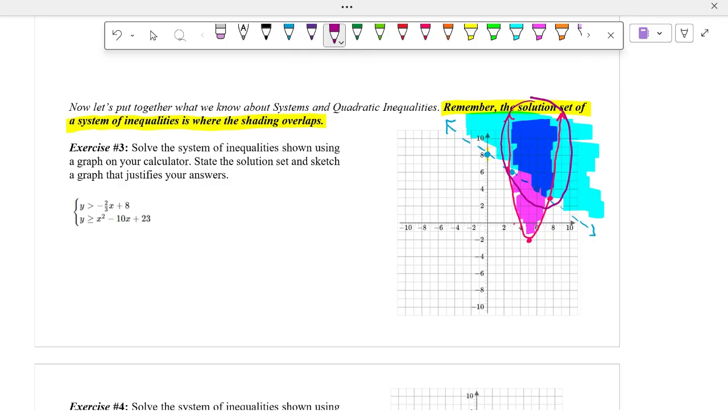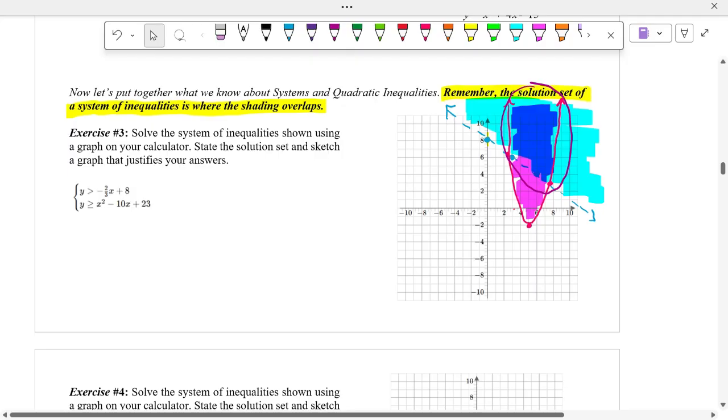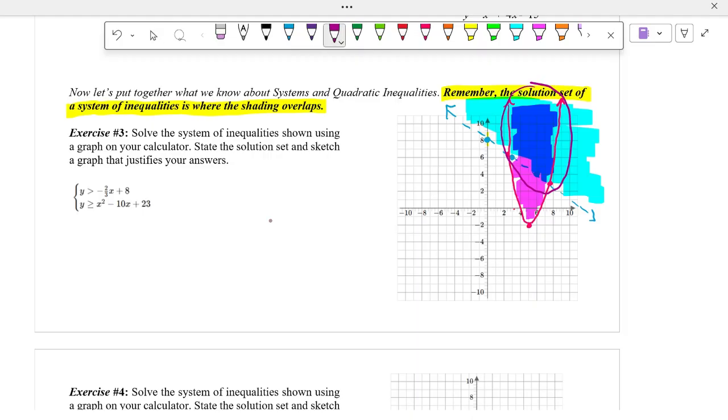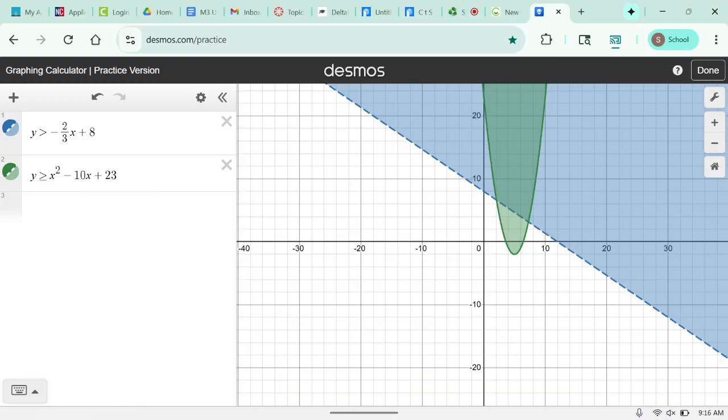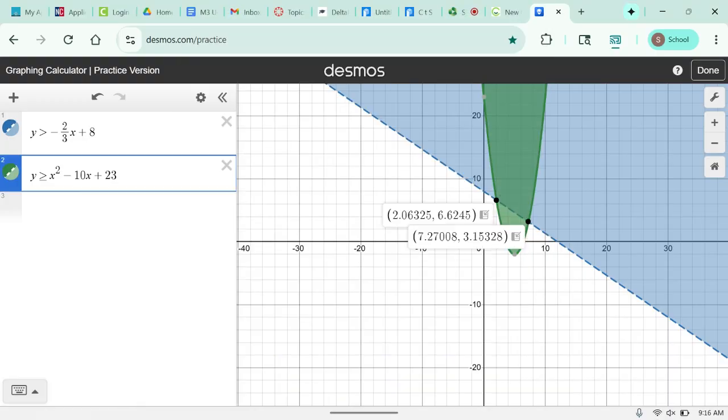Now, would that be between your 2 points of intersect or outside of your points of intersect? Between. So, all right. That means that x, y would have to be between these 2 points.